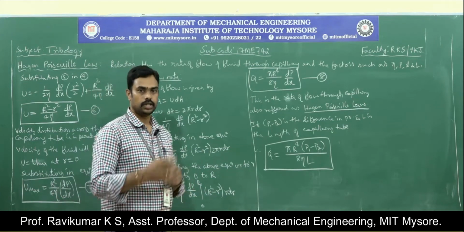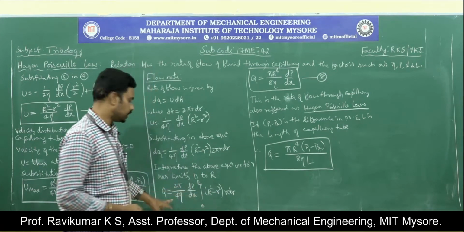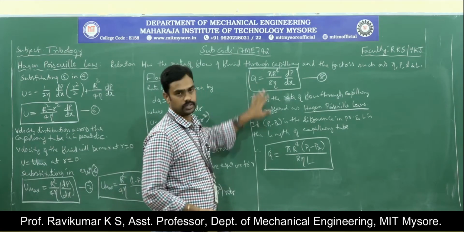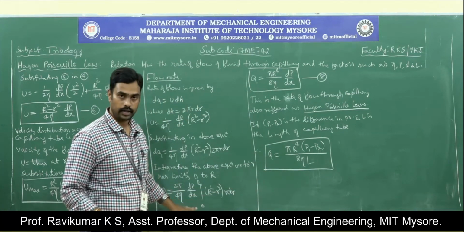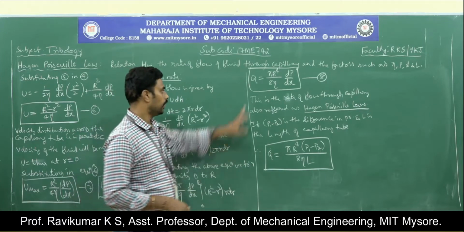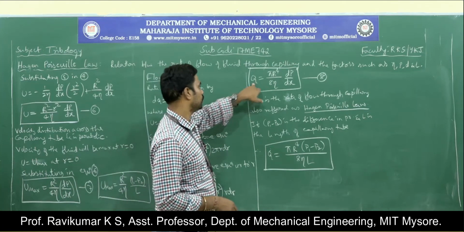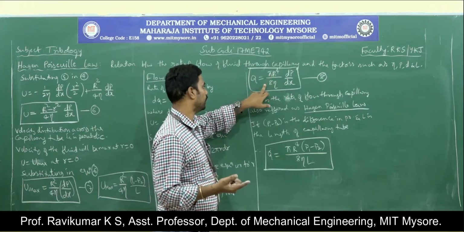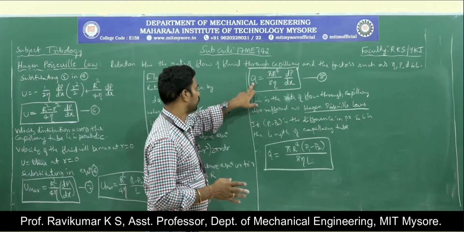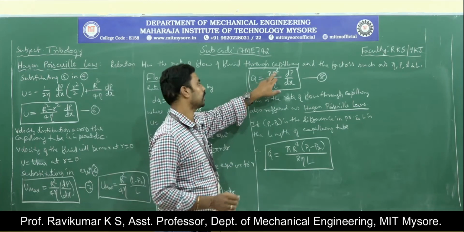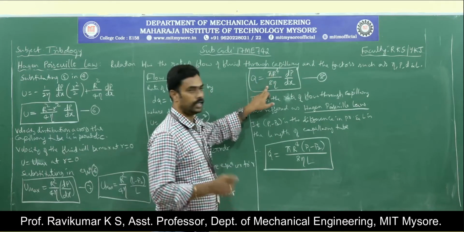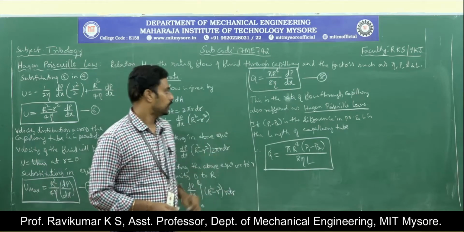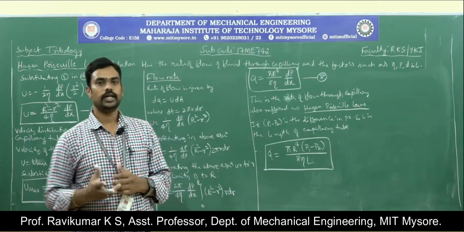You just work out the integration and you end up with this equation. Q is equal to pi R to the power of 4 divided by 8 eta into dp by dx. So this equation gives you the rate of flow.